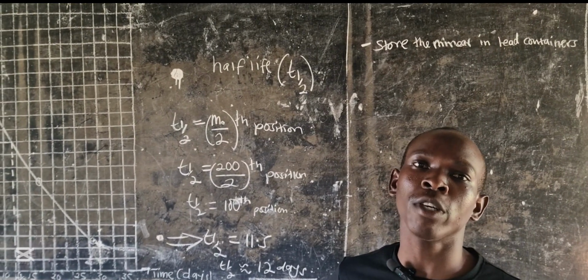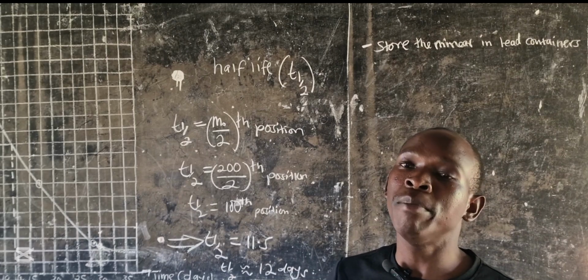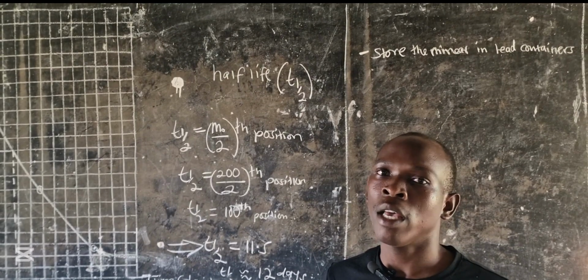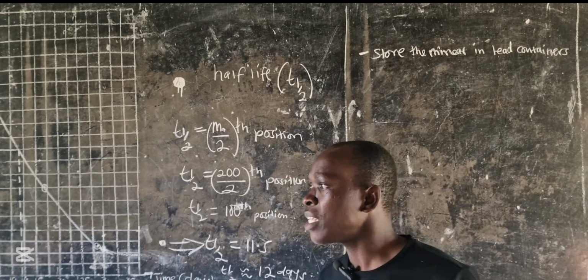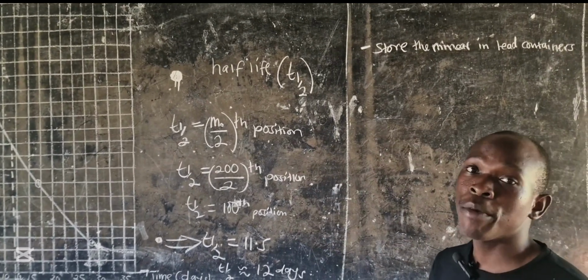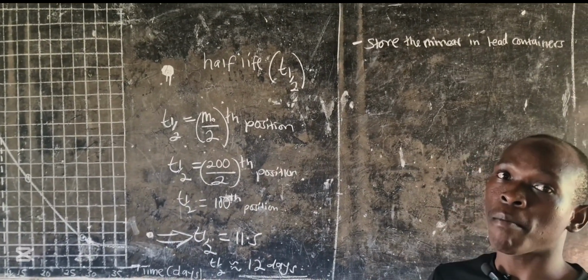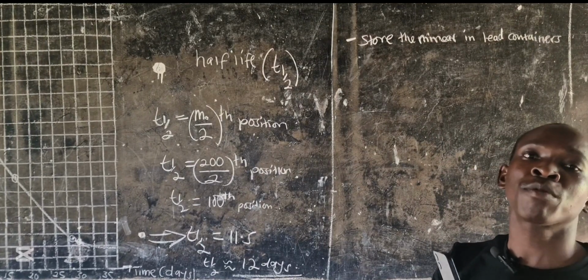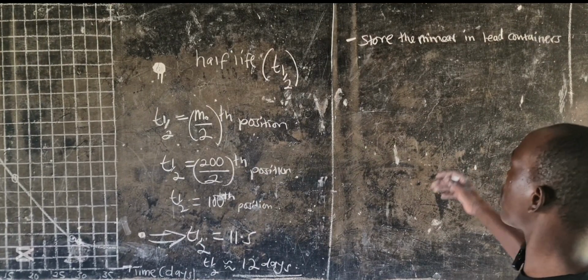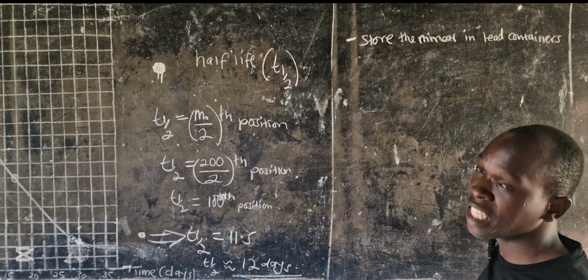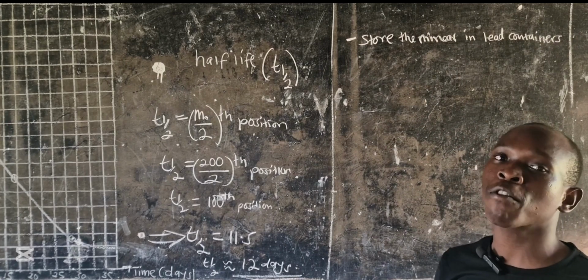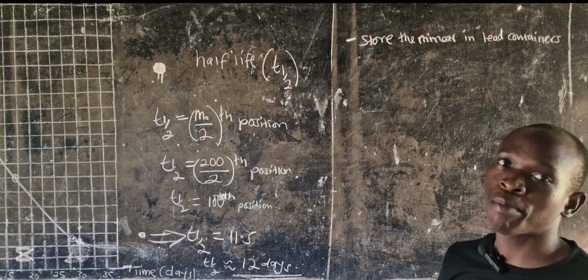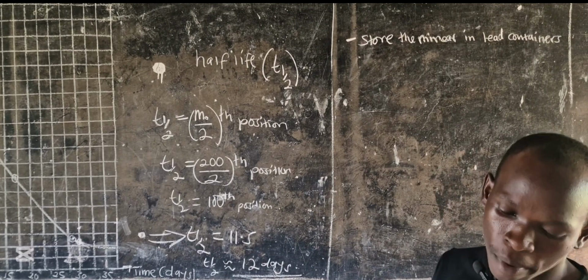They cannot penetrate, unlike the beta and the alpha, which can be stopped by a paper and a smaller sheet of aluminium. So for this lead, it stops everything. That means if we keep this mineral in the lead container, it will protect it from endangering the surrounding, thus keeping it safe for the public.